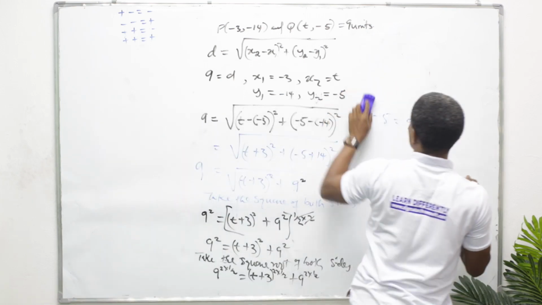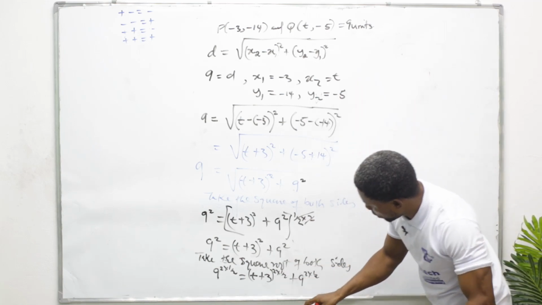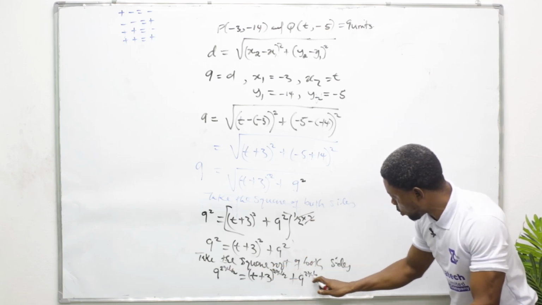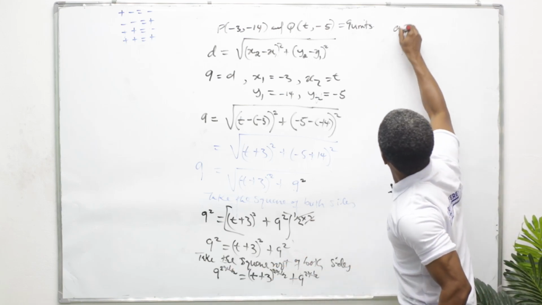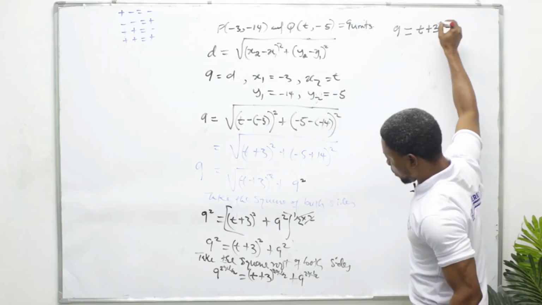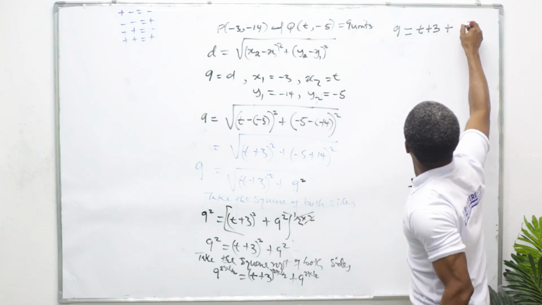Now something will happen to all those 2 and a half. This is 1. It will go. This will go. This is 1. This is 1. So you now have 9 equals to T plus 3 plus 9.